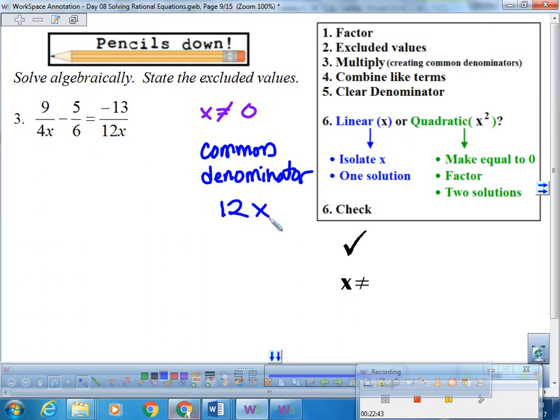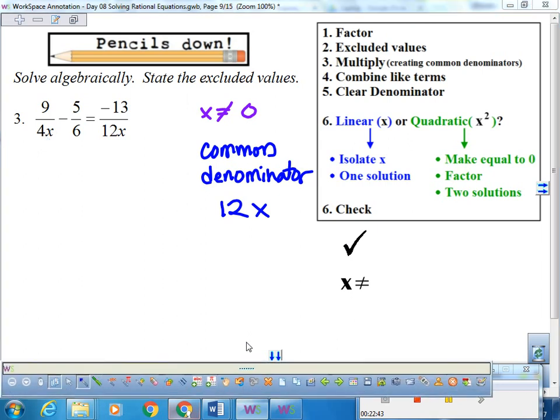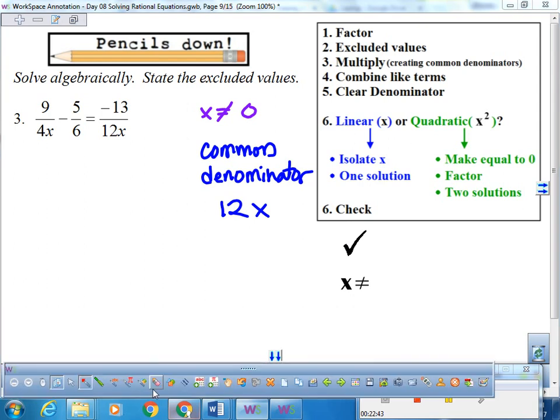So 12x is my common denominator. I'm going to multiply everybody by something that they're missing. So the 4x, in order to make it 12x, is missing a 3. So I have to multiply this by 3 over 3. The 6 is missing a 2 and an x. So I need to multiply this one by 2x over 2x. And the 12x is missing nothing.